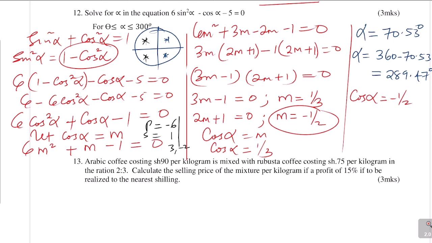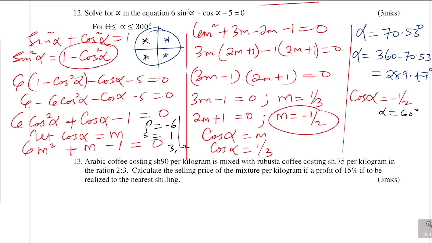So get the cos inverse of a half, not negative a half, cos inverse of a half. That will give 60. That is the angle that you're going to use. Remember, the negative is simply there to tell us the quadrants where you're going to get the angles.